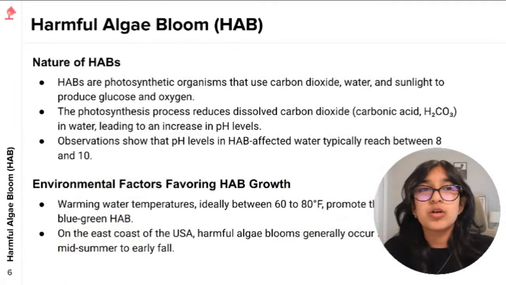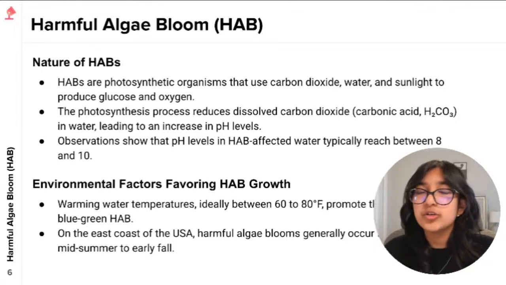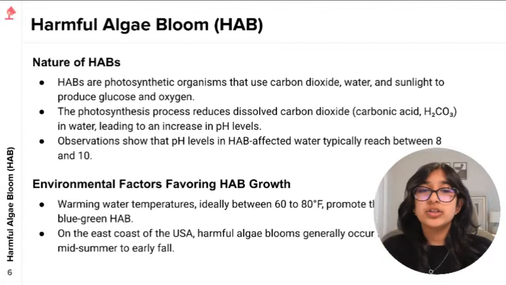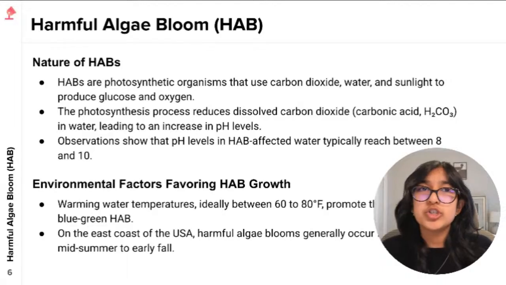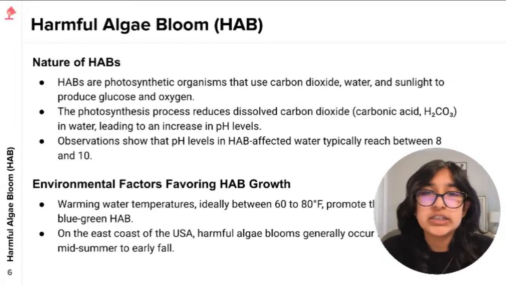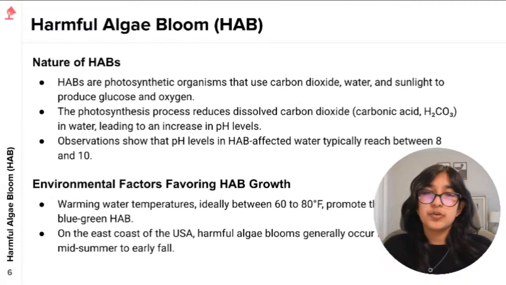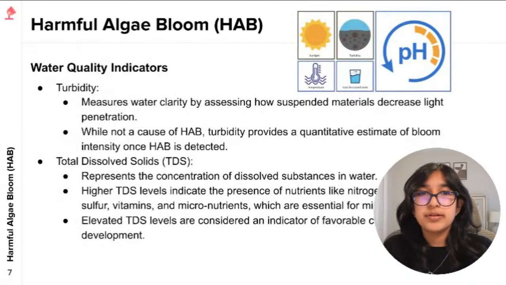Harmful algae blooms, or HABs, increase the pH level of the water body, which could reach about 8 to 10. Another factor favoring HAB growth is increased water temperature, which could reach about 60 to 80 degrees Fahrenheit for algae blooms.